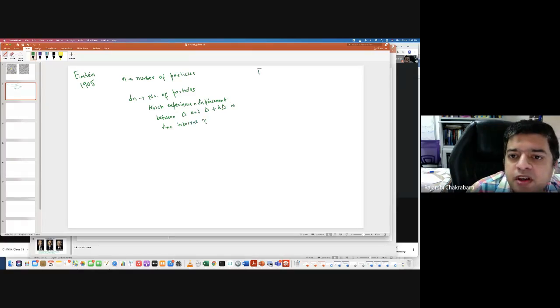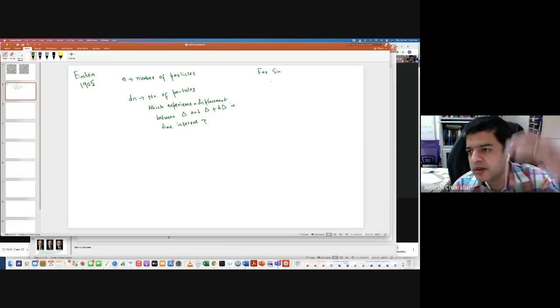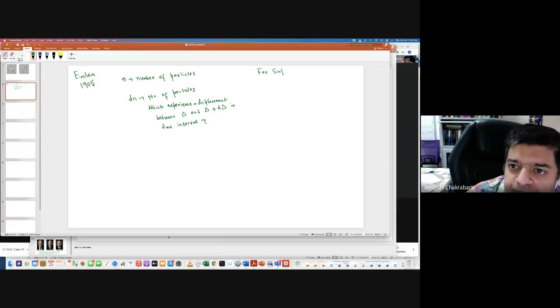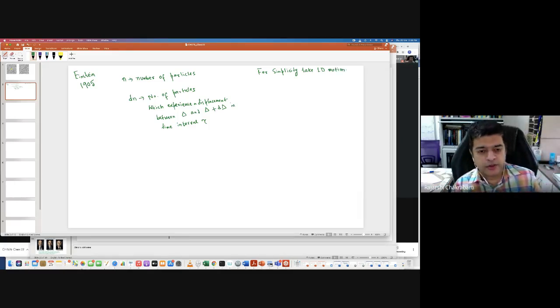For simplicity, assume one dimension. Actually the motion is in 3D, but you will deal with one dimension. Okay, so for simplicity, take 1D motion.